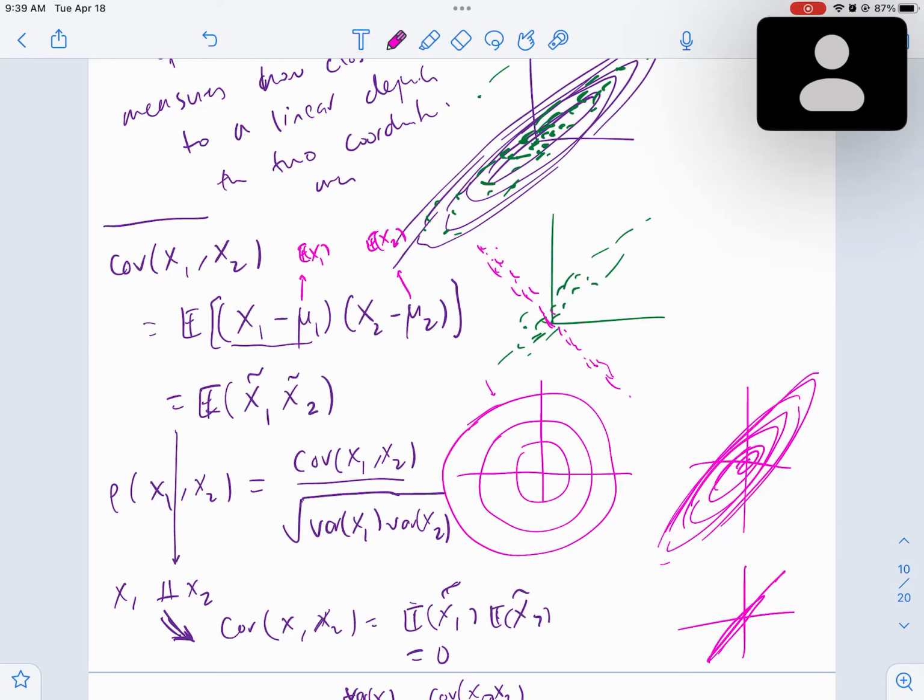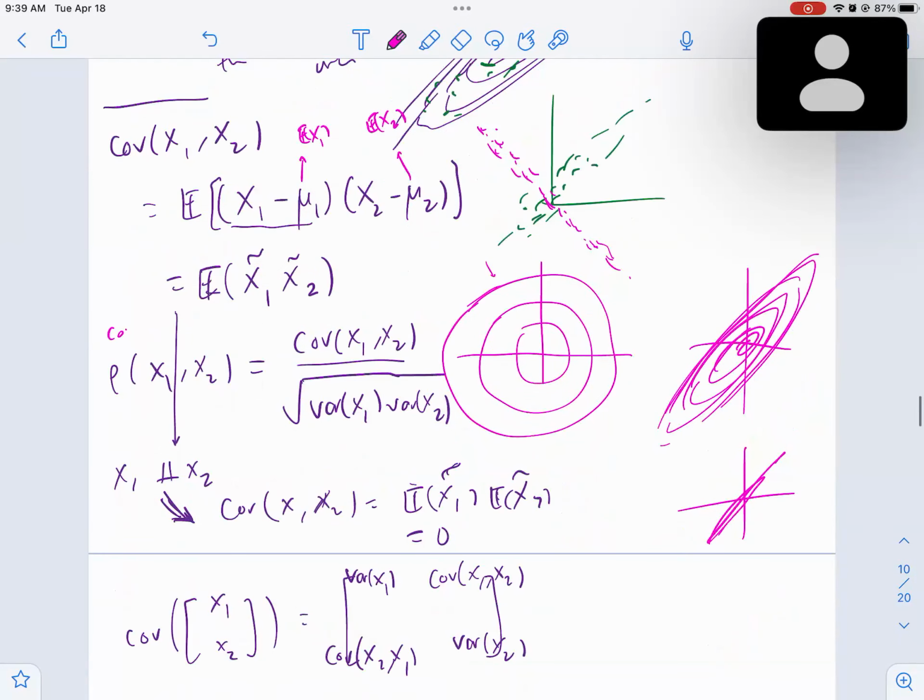And if there's no linear relation, and they're scattered around, not around a line, this would be close to 0. But how close it is to 0 or how big it is depends also on the variance. So usually you divide it by the square root of the variances of the two variables involved. This is called the correlation coefficient, and it's always guaranteed to be between -1 and 1. So it's a normalized measure of linear dependence.